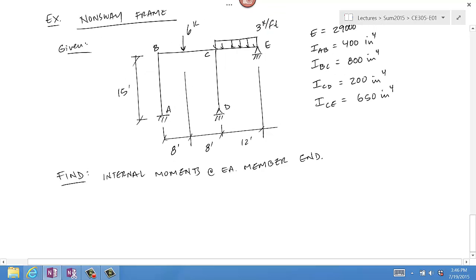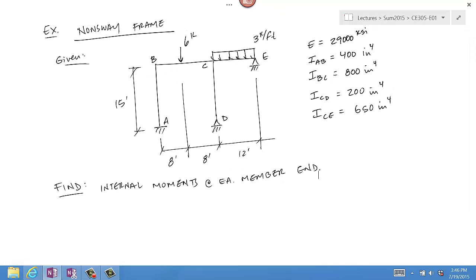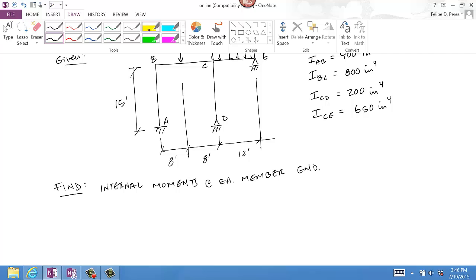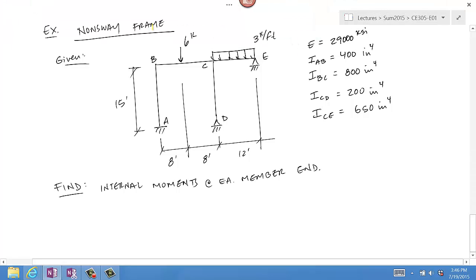So that's like MAB, MBA, MBC, etc. So when we look at this, again, the first thing that I like to look for is special case spans. So can you locate the two special case spans in this problem? If you selected CE and CD as special case spans, then you are correct. So the general case spans are the other ones.